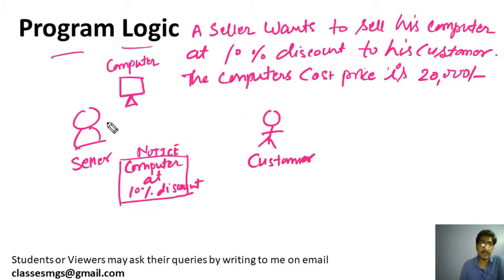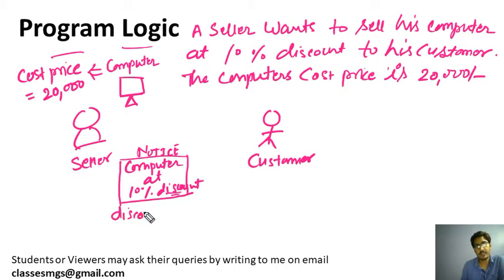Now let's suppose the cost price of the computer is given as 20,000. This is the cost price of the computer. We are giving a discount of 10%. So we know the discount equals 10%.